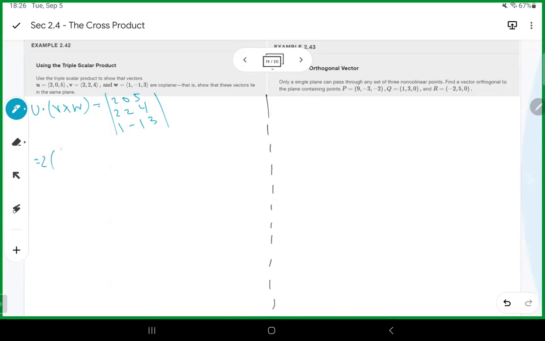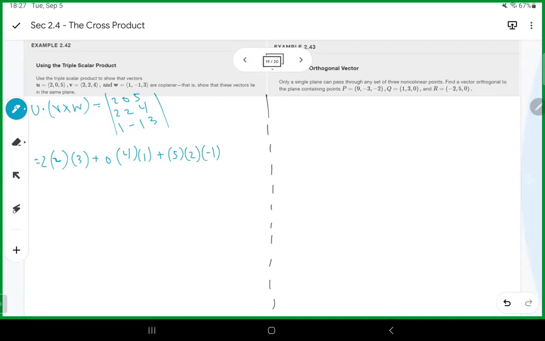So we would have 2 times 2 times 3, plus 0 times 4 times 1, plus 5 times 2 minus 1.